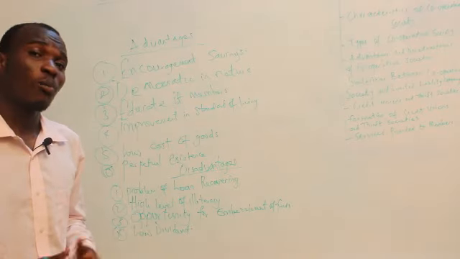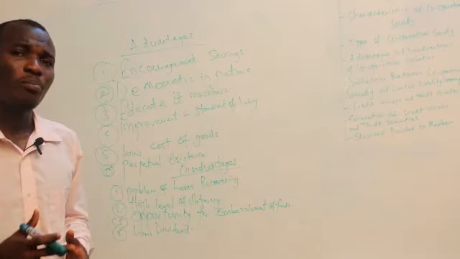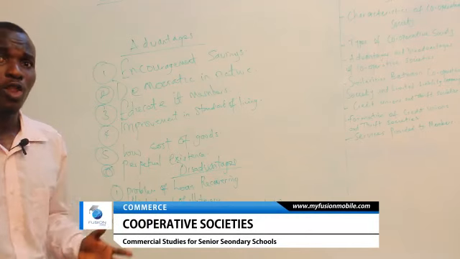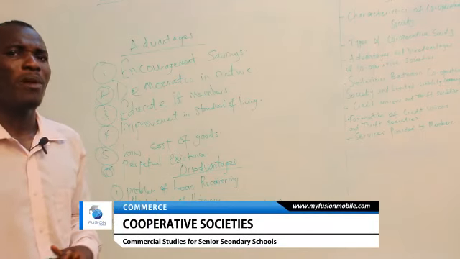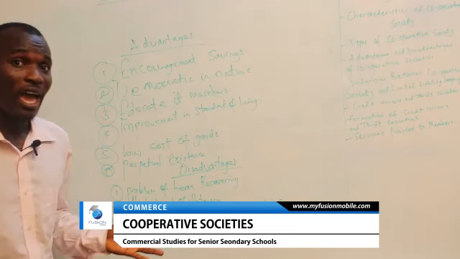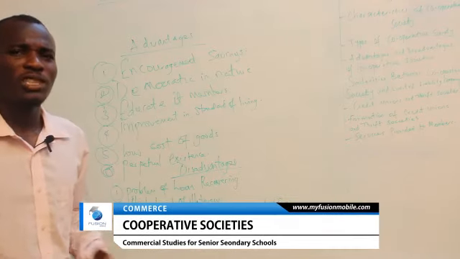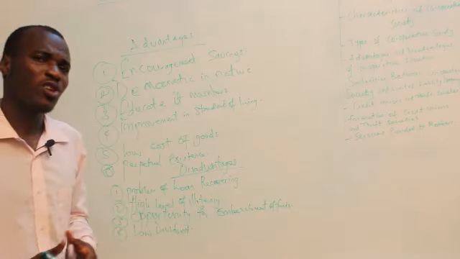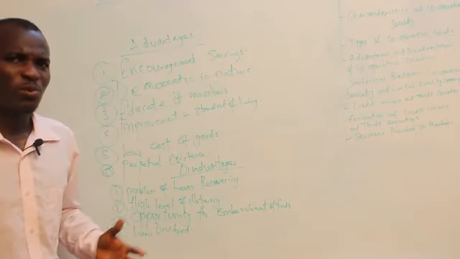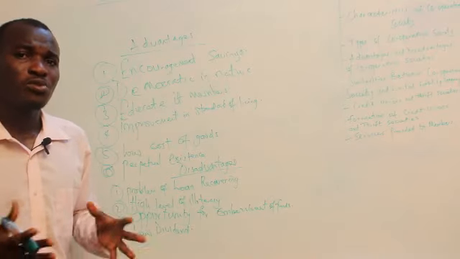The cooperative society bases its distribution of dividend or profit on the patronage of its members, not on the number of shares or member contribution. So if there is no patronage by members within a period, there won't be any dividend. No dividend given to members also discourages incoming members. So that also serves as a disadvantage to the cooperative society.